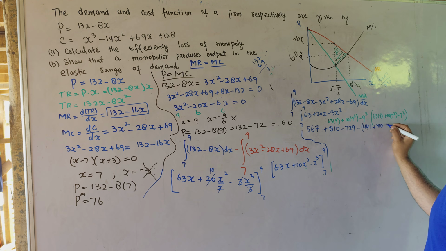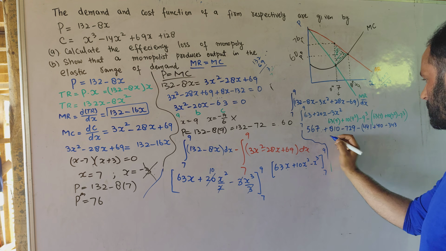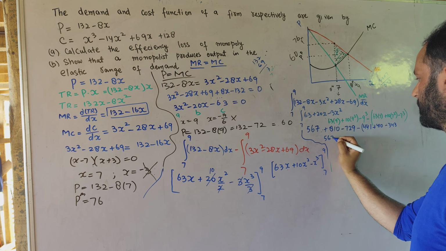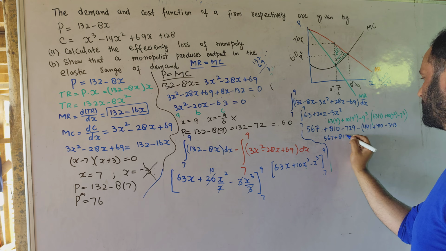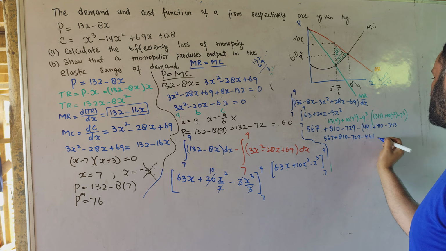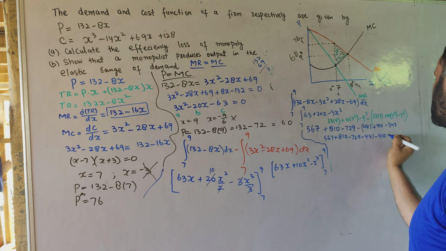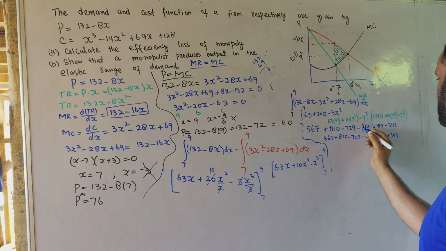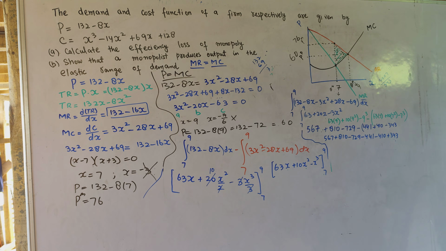So this is minus 343. Solving further, 567 plus 810 minus 729 minus 441 minus 490 plus 343. This minus is multiplied to each of these terms.